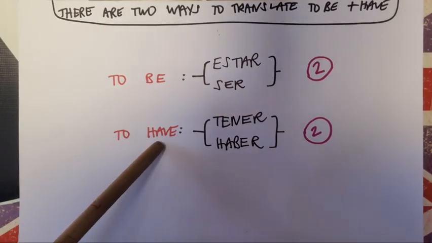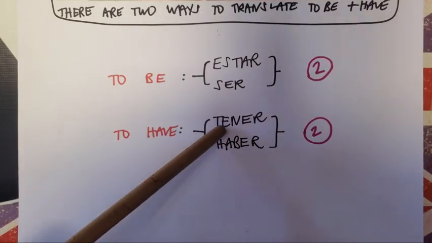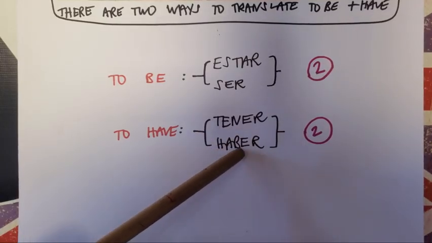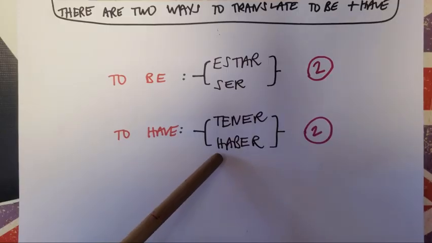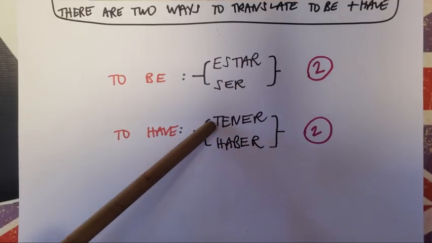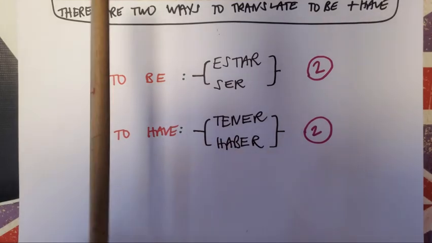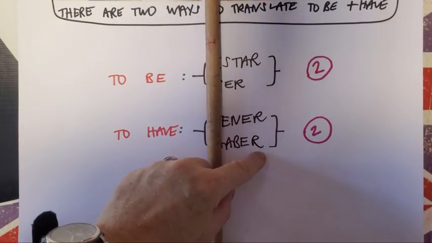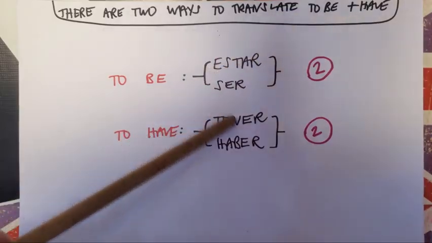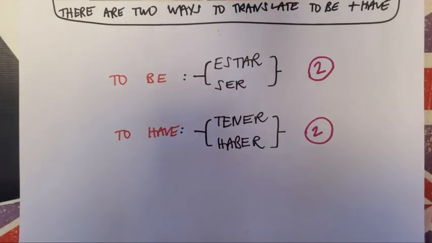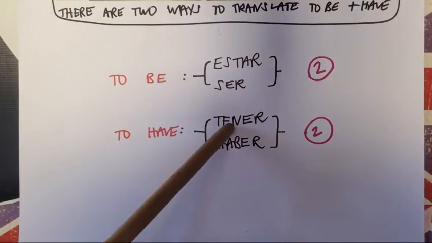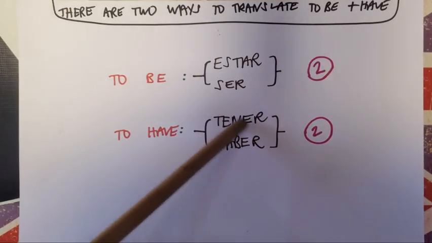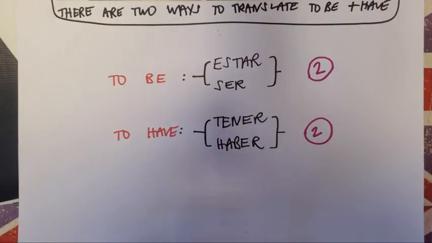And to have, we translate in Spanish tener and haber. Remember that the H is silent in Spanish, but it's called haber with the H. Very different. Tener and haber both mean to have.